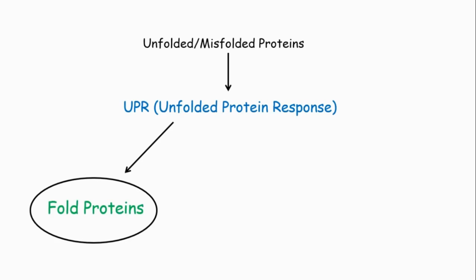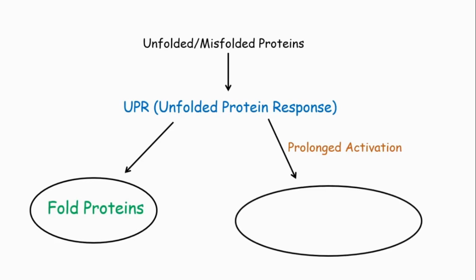But if this UPR remains active for too long and this fight between ER and unfolded proteins goes on forever, then the UPR shifts itself from damage control to death, and starts activation and production of pro-apoptotic proteins, which ultimately leads to cell death via apoptosis.